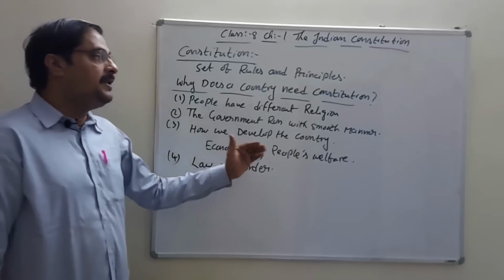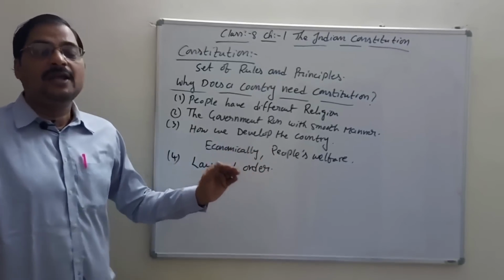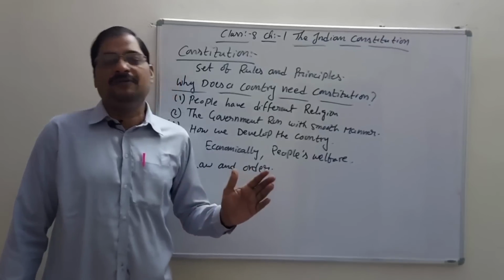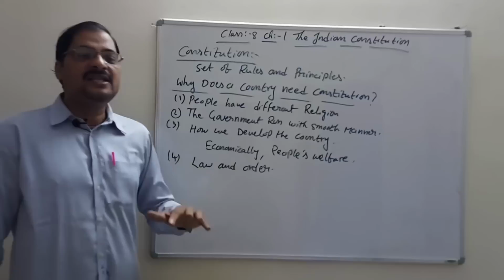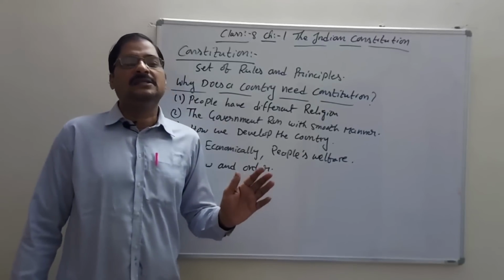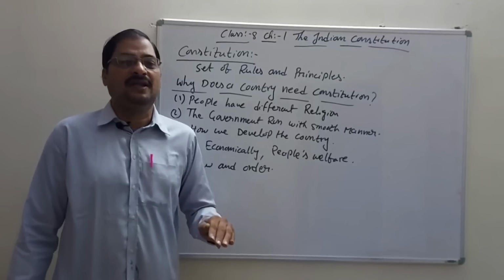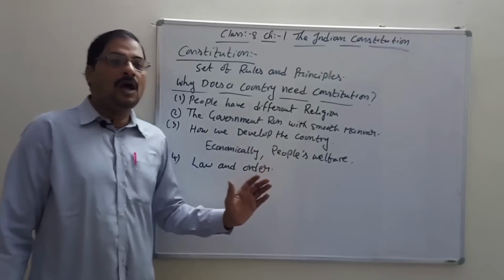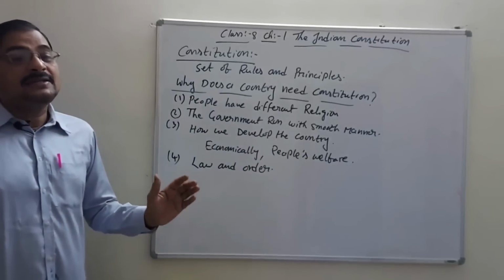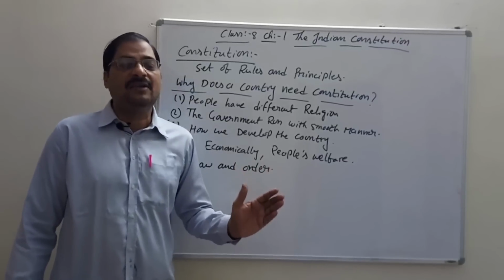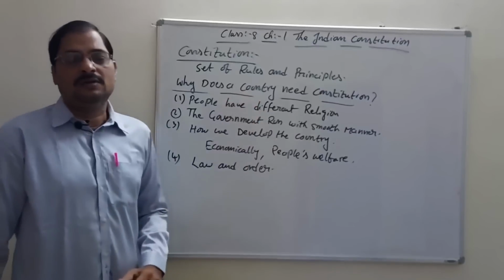That means everybody should be equal before the law. There are no differences between religion, poor, rich, or middle class people. They have to give the same priority in law and order only. Certain rules of law and order, that is the judiciary, are given in the Indian Constitution only.